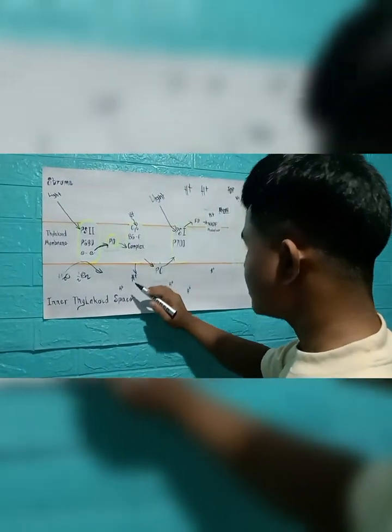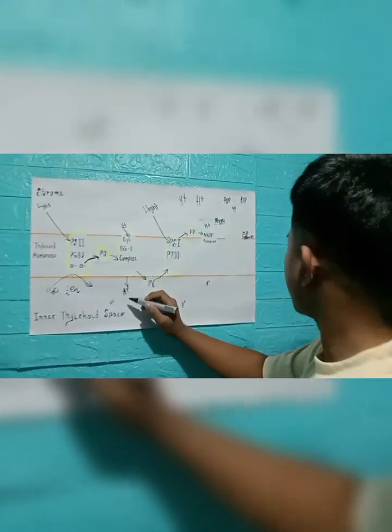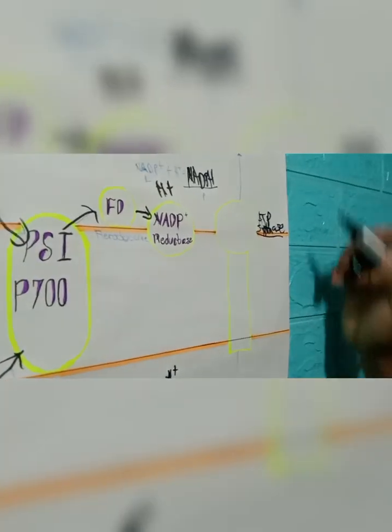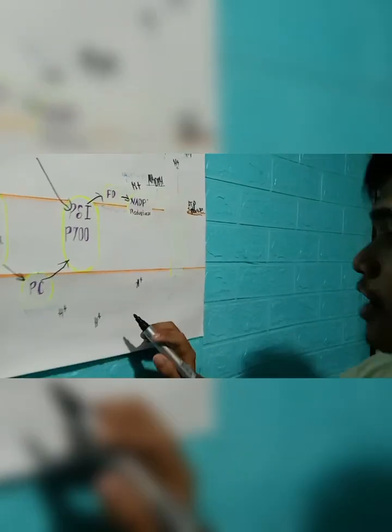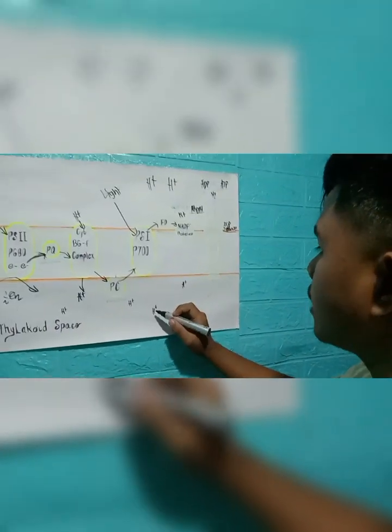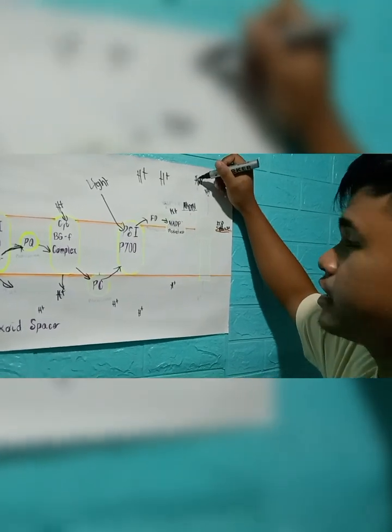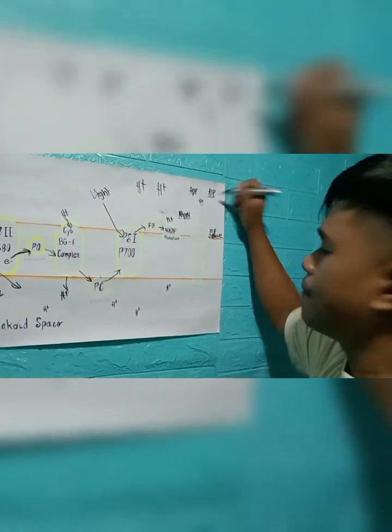The hydrogen ions in the inner thylakoid go to the ATP synthase. When the hydrogen ions cross the ATP synthase, the ADP turns into ATP.